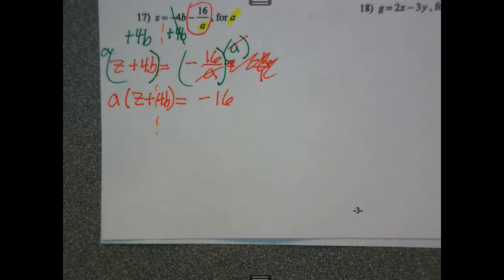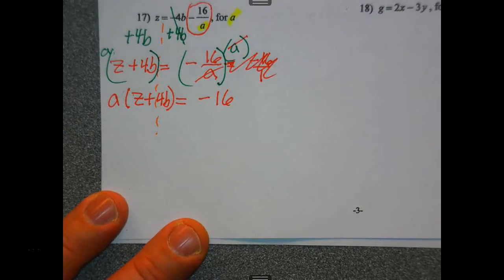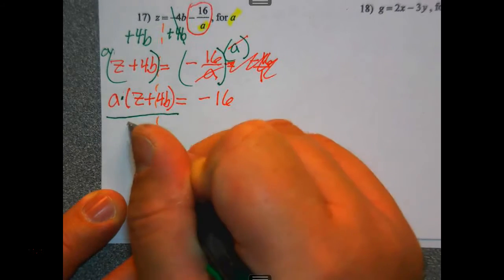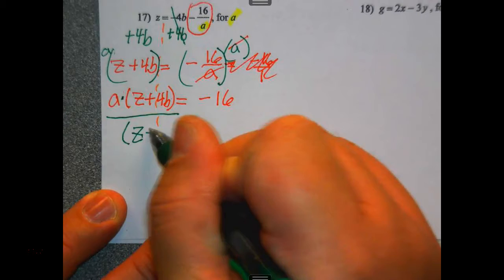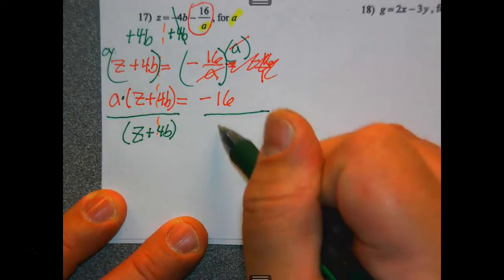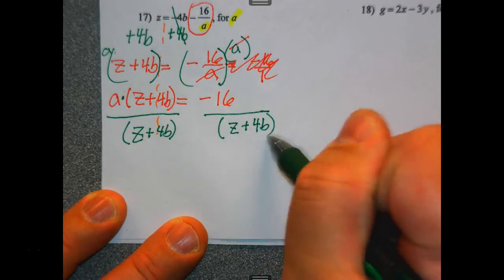Now I still have to get a by itself. This is a whole quantity. This is a number. These are being multiplied. So I'm just going to divide by this number, z plus 4b.